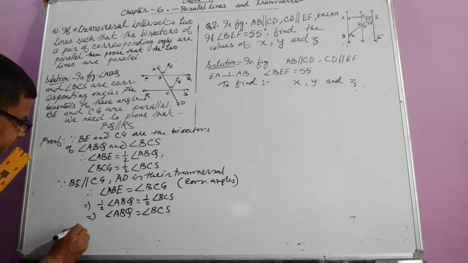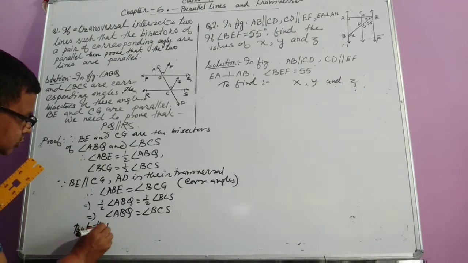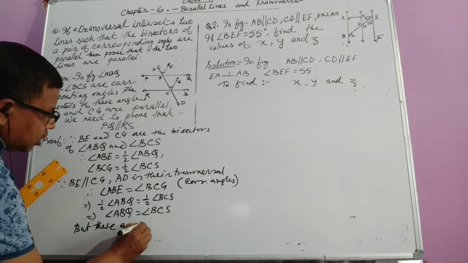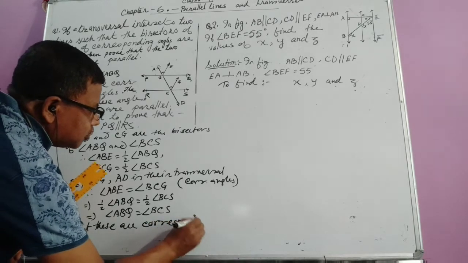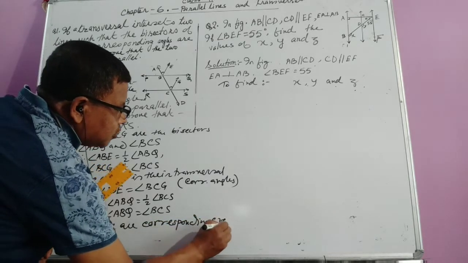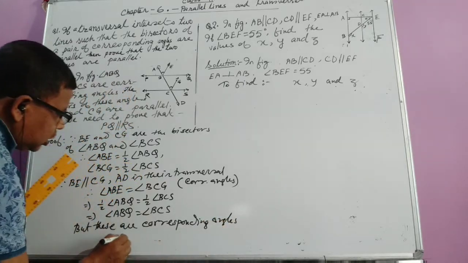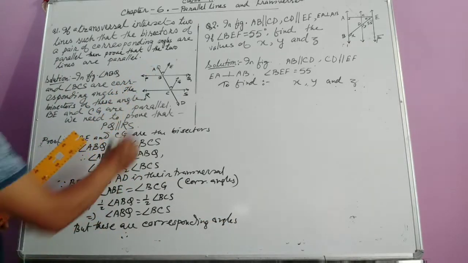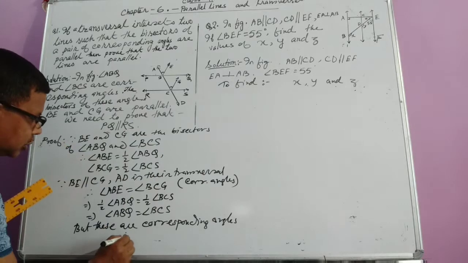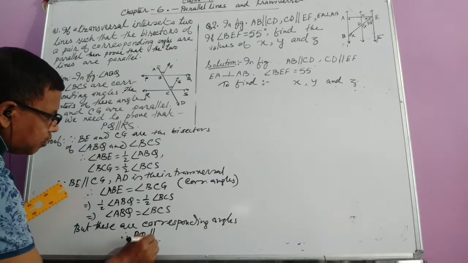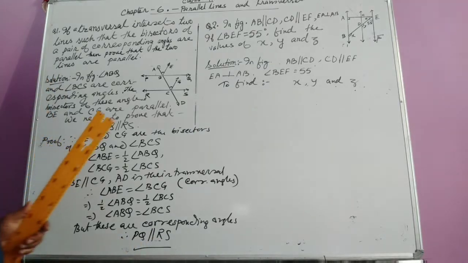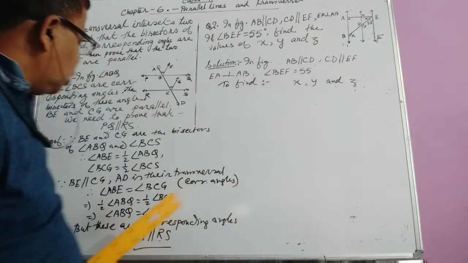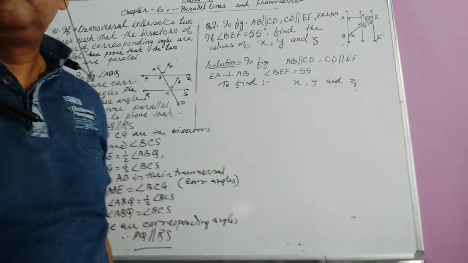But these are corresponding angles. Since corresponding angles are found equal, therefore PQ is parallel to RS. So in this way we can prove this problem.